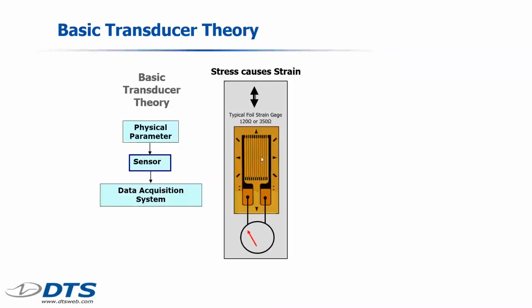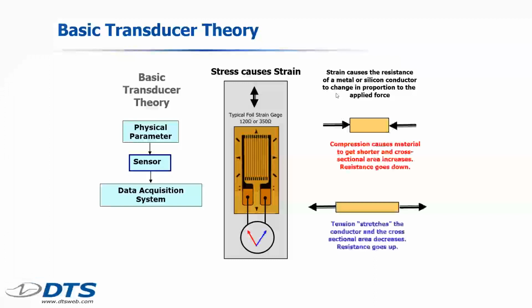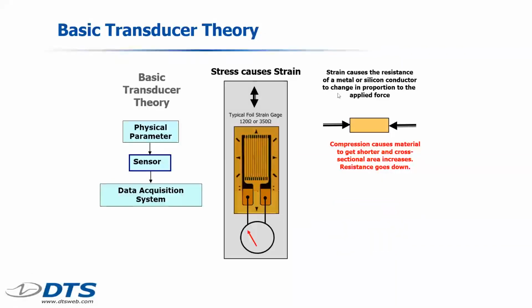When we glue a strain gauge, shown here in the middle as the gold part, it has a zigzag pattern of conductors that, when they are stretched or compressed, slightly change their resistance. Strain causes the resistance of a metal or silicon conductor to change in proportion to the applied force.